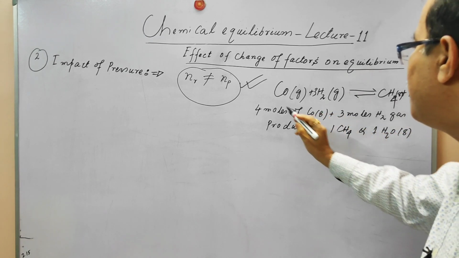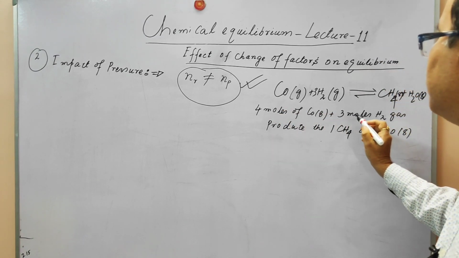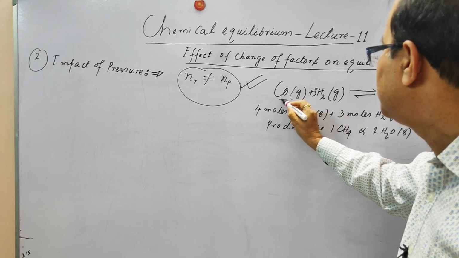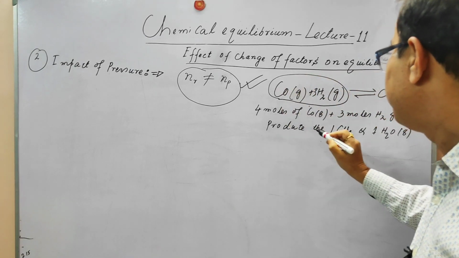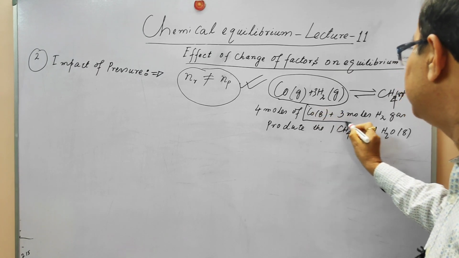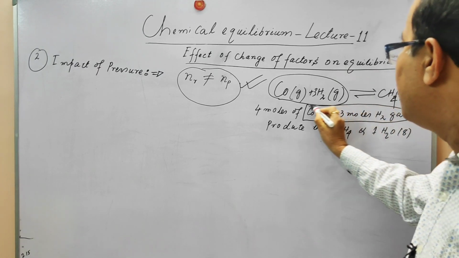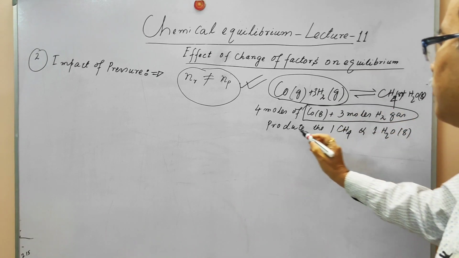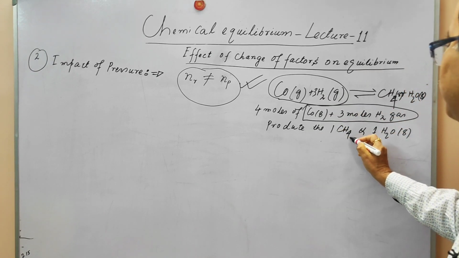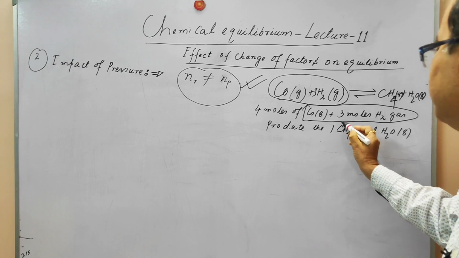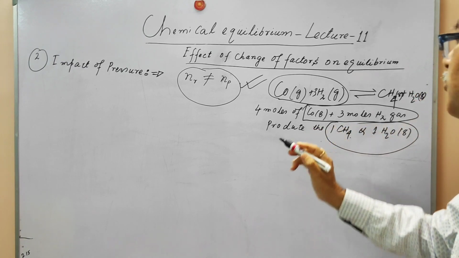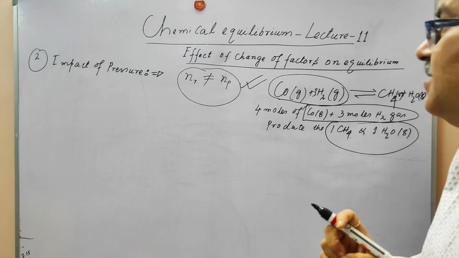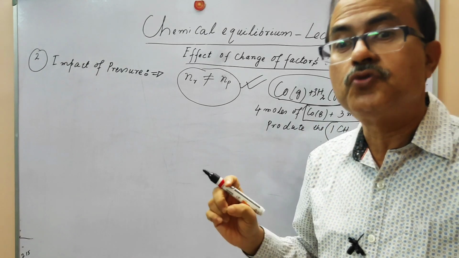So we have 4 moles of reactants, 1 mole of CO and 3 moles of H2, producing 1 mole of CH4 and 1 mole of H2O, which means 2 moles. So we are going from 4 moles of reactants to 2 moles of product.